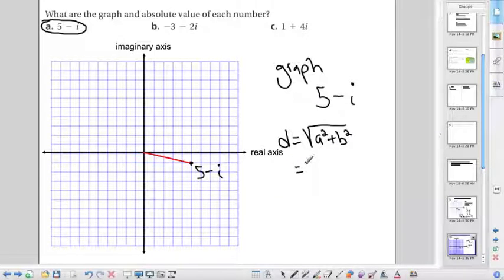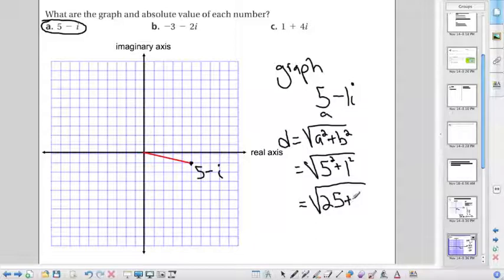So our a is 5 and our b is 1. Simplify, 25 plus 1, which is the square root of 26, which is our distance from the origin. So this red line is square root 26.